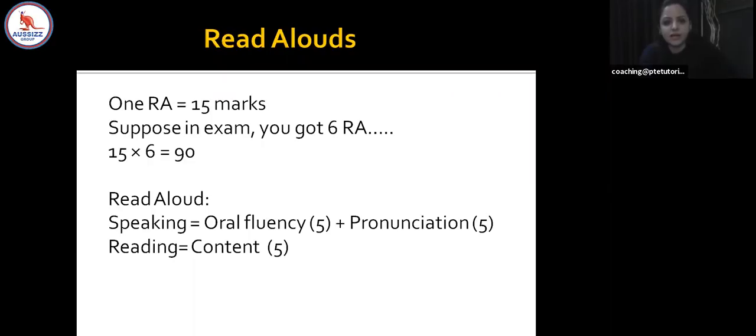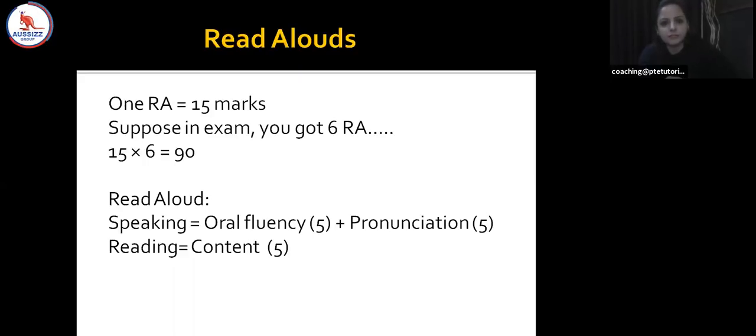Basically, read aloud looks like a very easy task. Why is it easy? One paragraph will be in front of you, and you just have to read those lines. Reading is not a big deal.